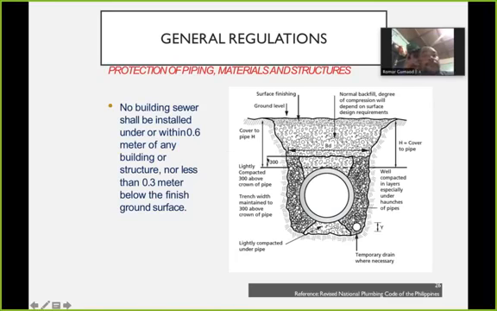So, or within 0.6 meter. So it should be below 24. Malalim na yan, no? 600 mm. Sometimes we go only for 300. No less than 0.3 meter below the finished ground surface.